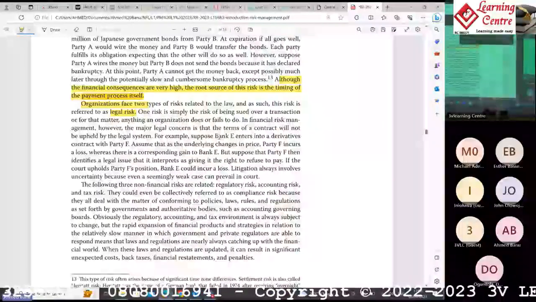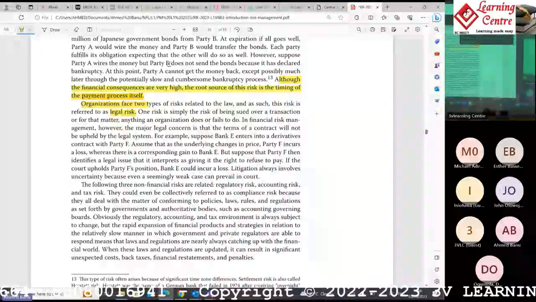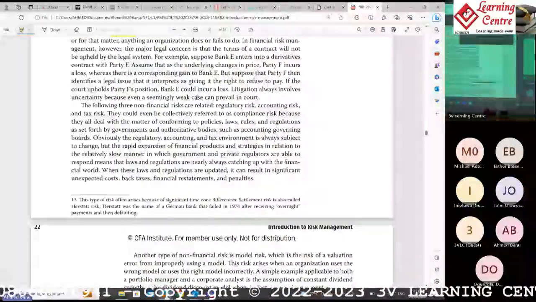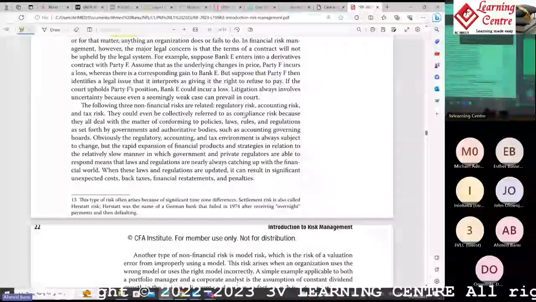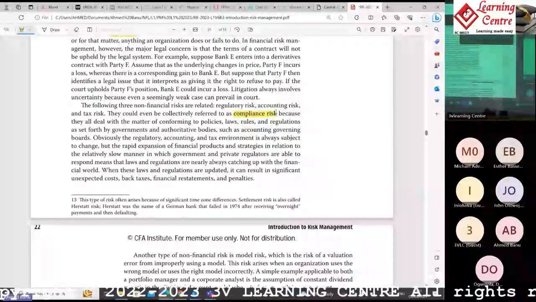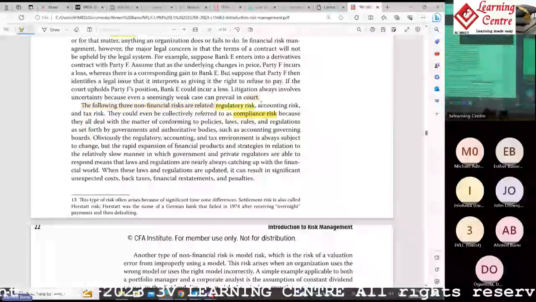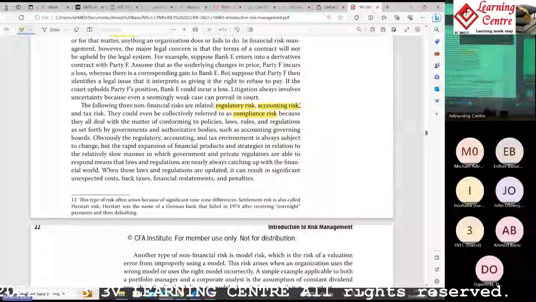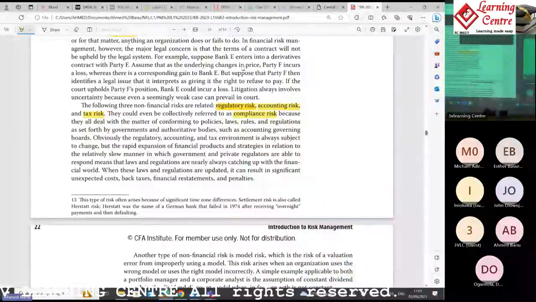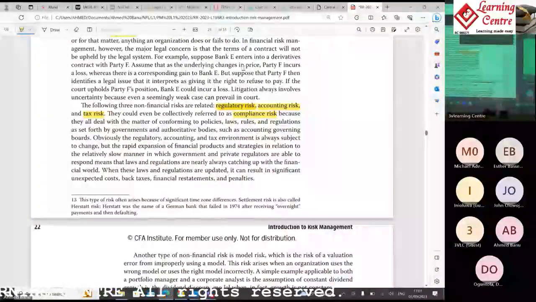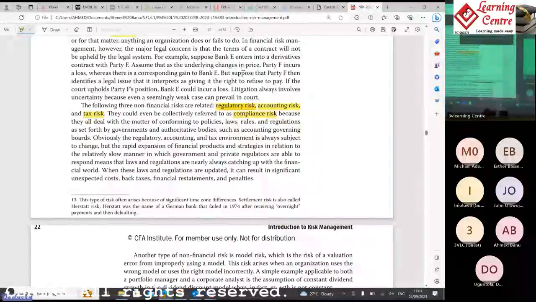Yeah. Now, another type of financial risk is something called compliance risk, under which we group regulatory risk, accounting risk, and tax risk. Regulatory risk is that you might break the law or the rules. There are rules and regulations that you must follow, and you might breach one of them without knowing, and you get a fine.